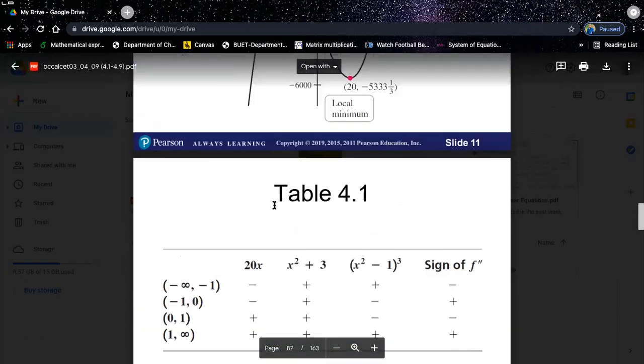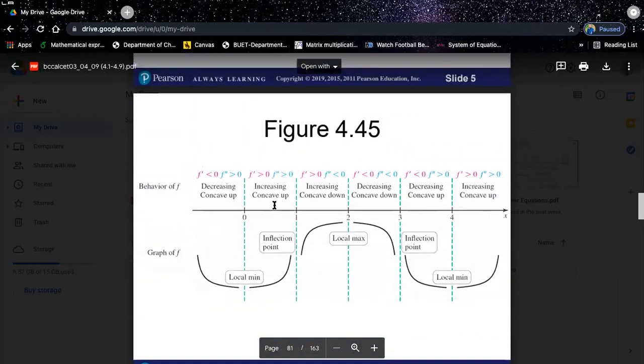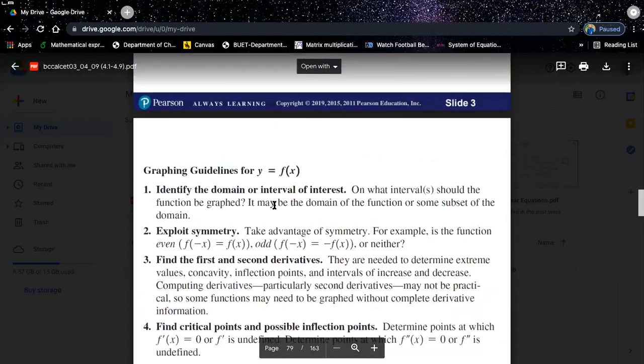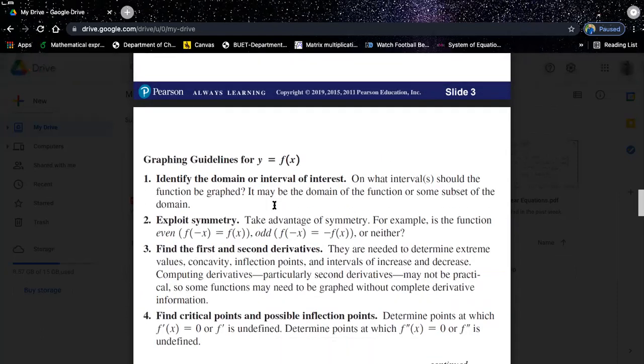Okay, so one of the most important things is to understand your domain, or it said interval of interest. Now what does that mean? That means your questionnaire will actually give you a certain interval.